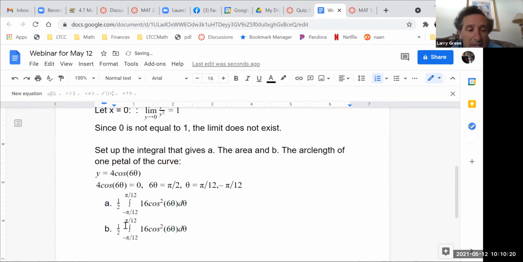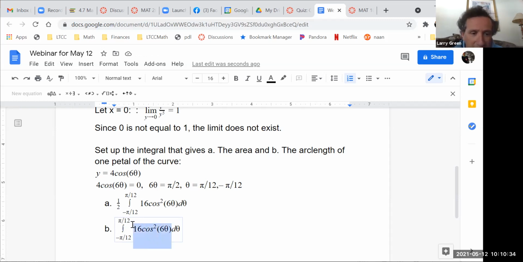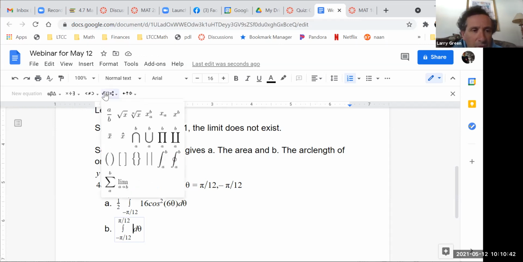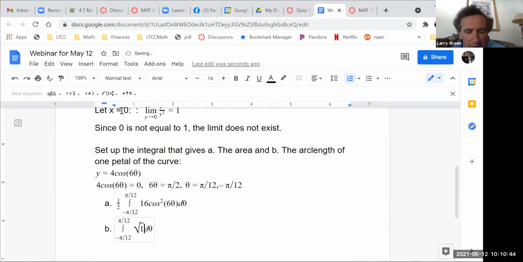Okay, for part B, I copy and paste because it's going to be the same limits of integration, at least. That doesn't change. Still the integral from negative pi over 12 to pi over 12. But now we're not going to have 16 cosine squared of 6 theta anymore. Now, if you remember, it was the square root of 1 plus r prime squared.